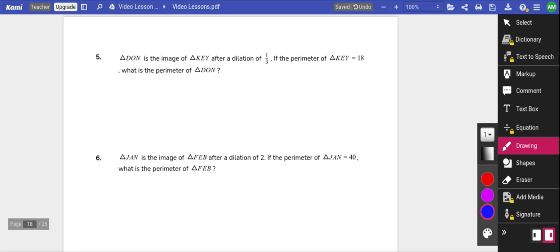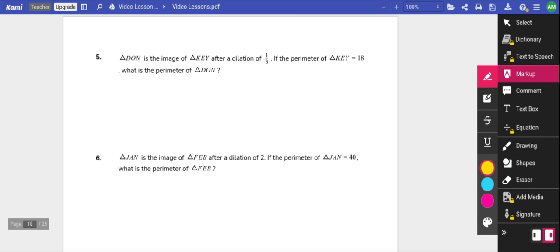So here I have triangle Dawn, and triangle Dawn is the image of triangle Key after a dilation of 1/3. If the perimeter of triangle Key is 18, what is the perimeter of triangle Dawn? So let's look back at this question and highlight some important information. First off, triangle Dawn is the image, super important.